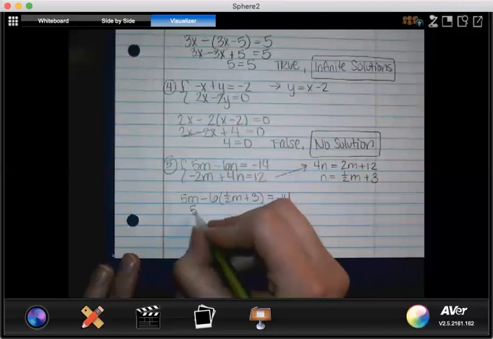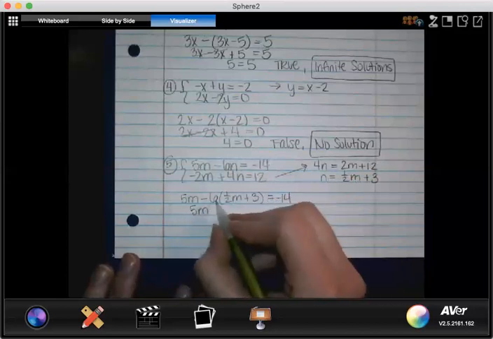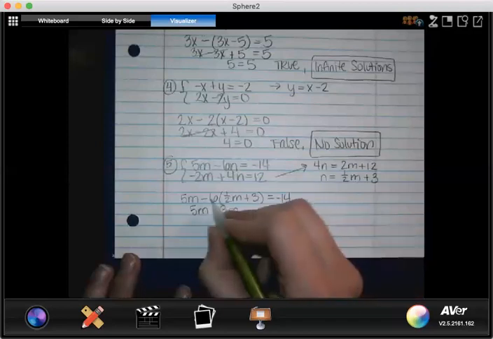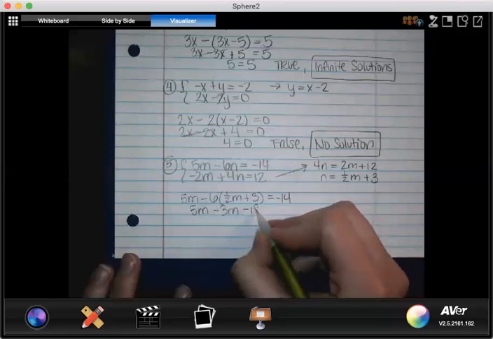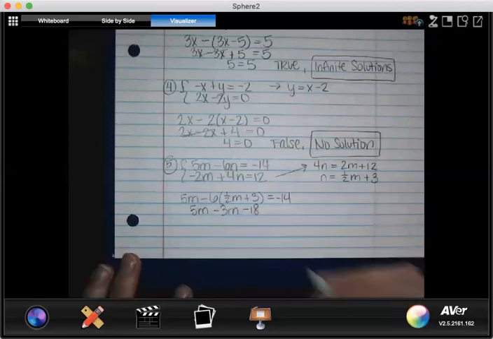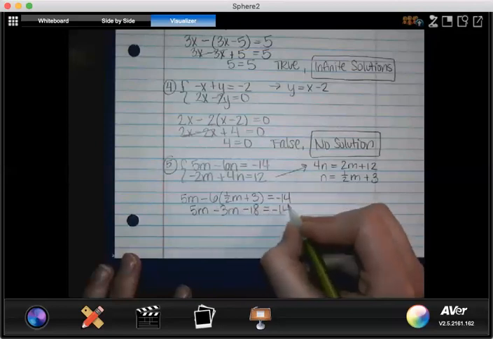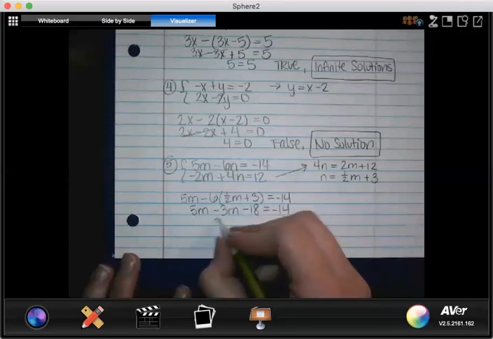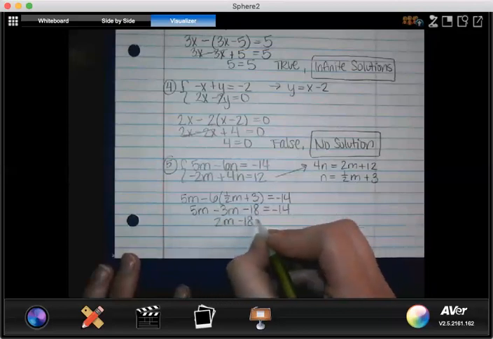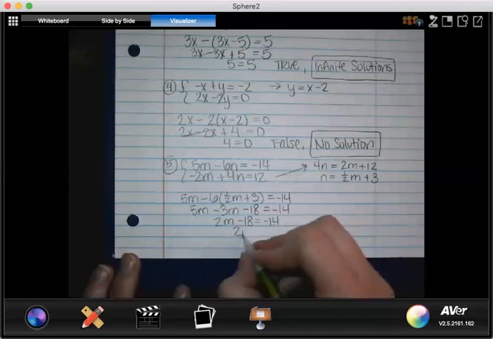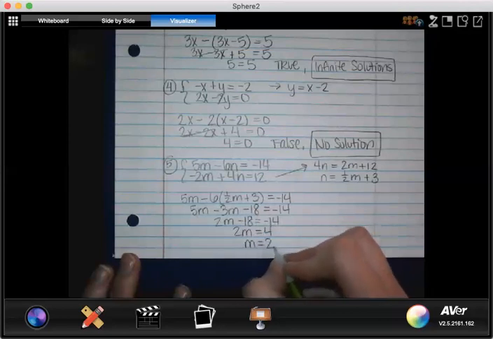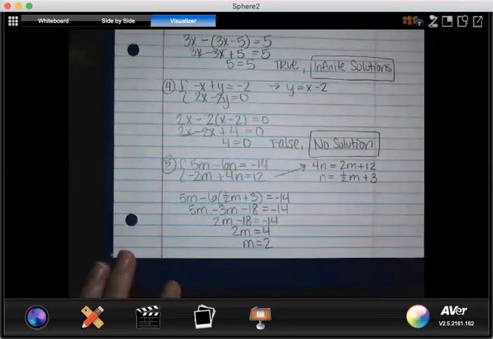So 5m, -6 times 1/2 would be -3m. -6 times 3 is -18. And we simplify. We get 2m, add the 18, 2m equals 4, and oh, looky there, we have our first one where it's not a fraction.